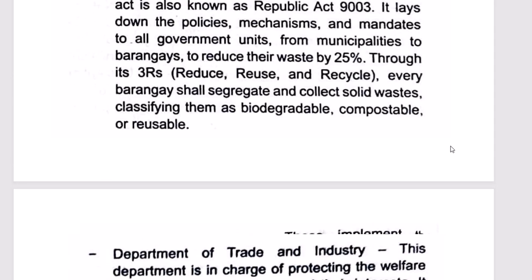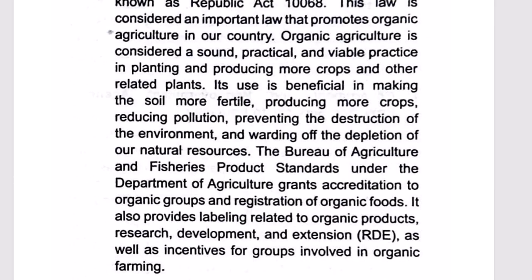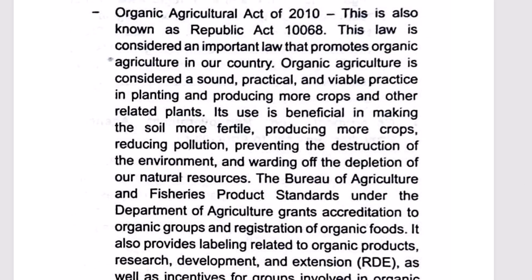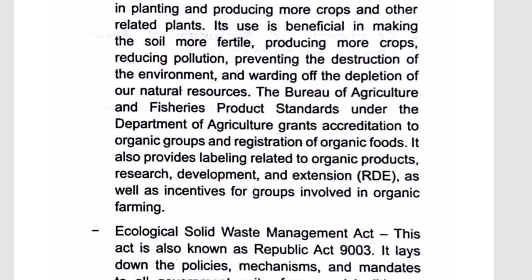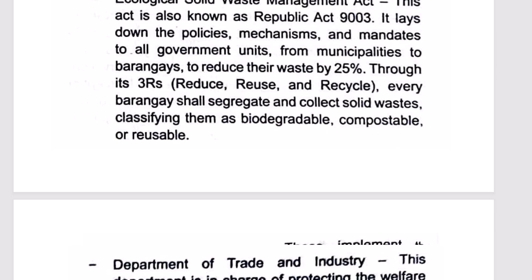Okay, and then you see that, bigger. Remember that. What are the three R's? Reduce, reuse, and recycle. Okay, so we have this law about organic agriculture, which is under the Bureau of Agriculture and Fisheries Product Standards. They're also under the Department of Agriculture, also known as the DA. Okay, and then here, the reduce, reuse, and recycle.